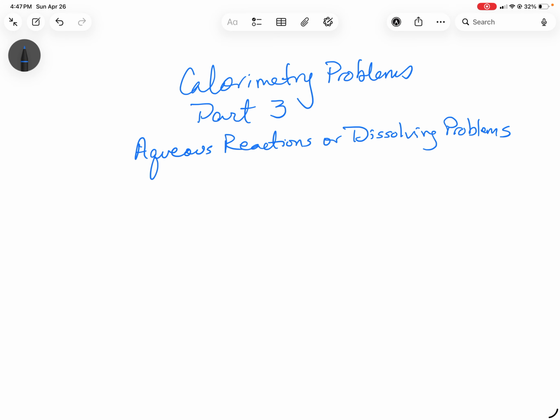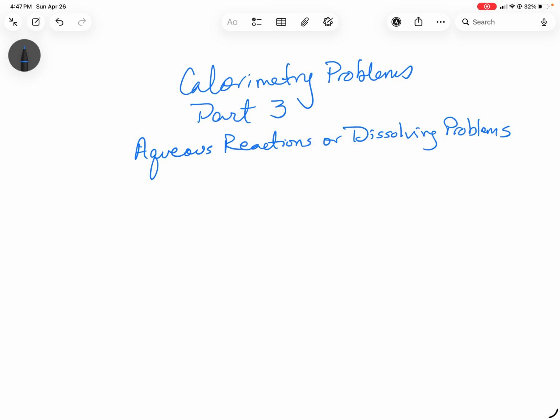The second type of problem, something hot is putting heat into something cold, one way or the other. This is the third type of problem. We have a reaction occurring in an aqueous solution, or we are dissolving something and making an aqueous solution.